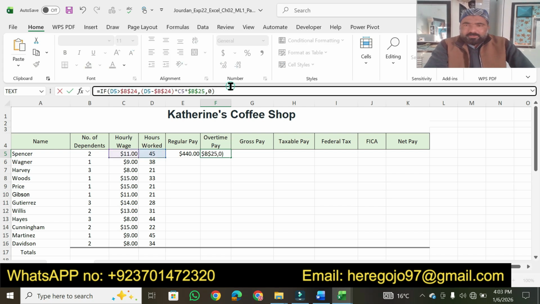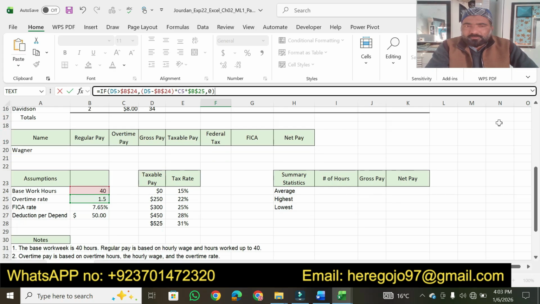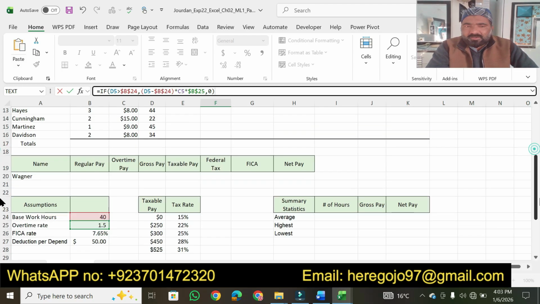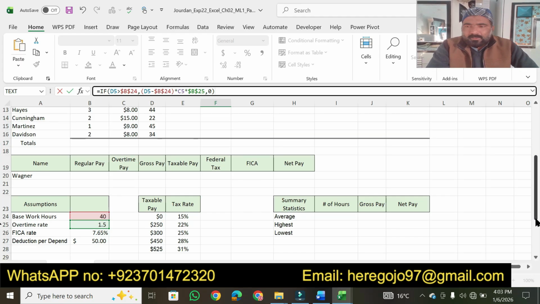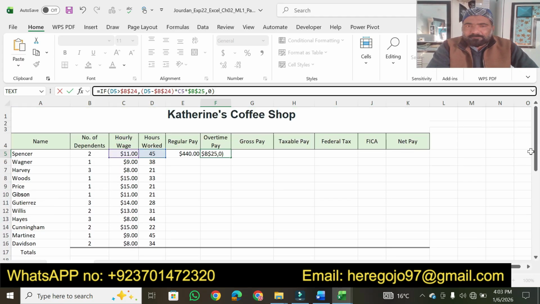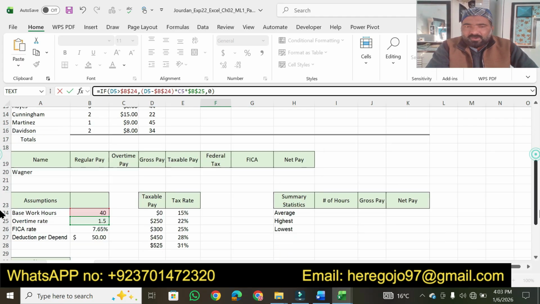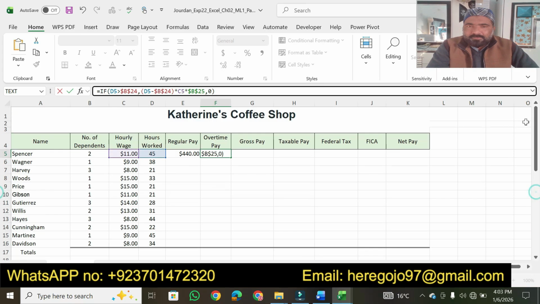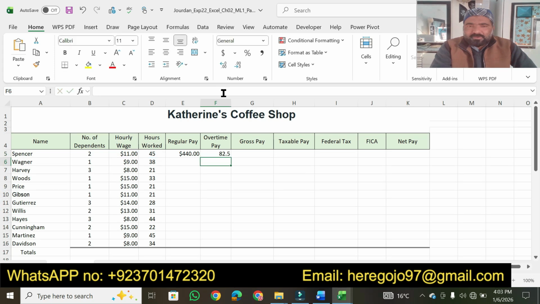In this formula, if D5 is greater than B24, meaning 40 hours, and this condition is true, then D5 minus B24, meaning this 40, and multiply by C5 and by B25, because B25 is the overtime pay multiplier. Then simply press enter and we will get the answer.